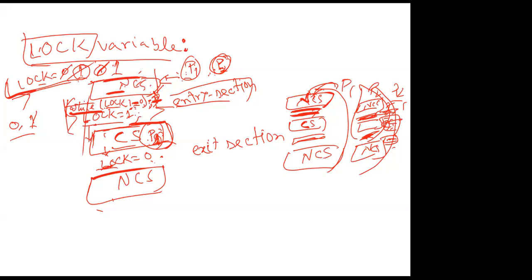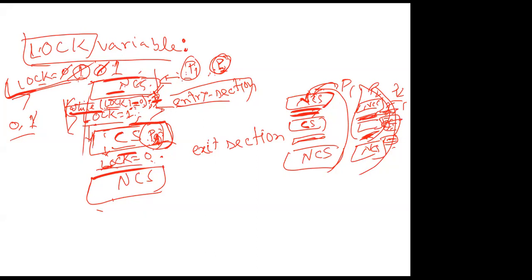Here the lock is 1 because P2 has already entered the critical section. So what will P1 do? P1 will loop through this while loop until P2 completes its critical section and makes the lock value 0. Okay, this is the basic mechanism for lock variables: two lines of code, and when one process is inside the critical section, lock is 1. If another process tries to enter the critical section, it will loop through this while loop.